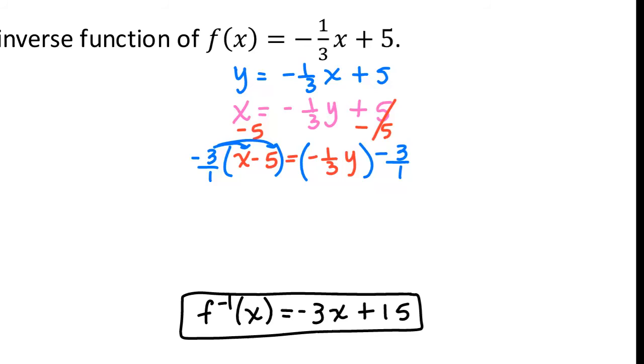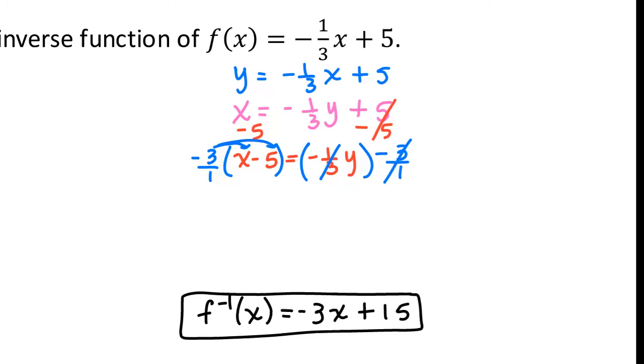All right, so let's go over this one. Once you get the fraction, the negative 1/3 y, to get rid of it, remember you multiply by the reciprocal. So it's 1 over negative 3 switches to negative 3/1. So then the fractions cancel. And when you distribute, remember that negative 3/1, that just means negative 3, right?